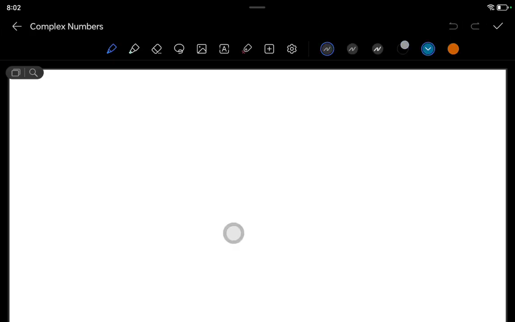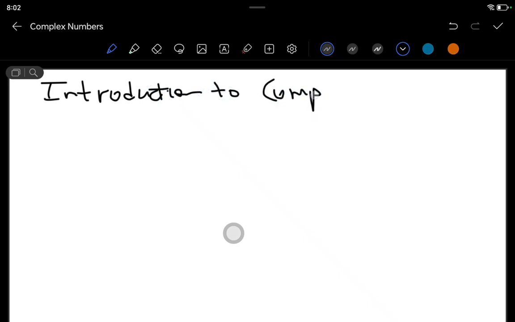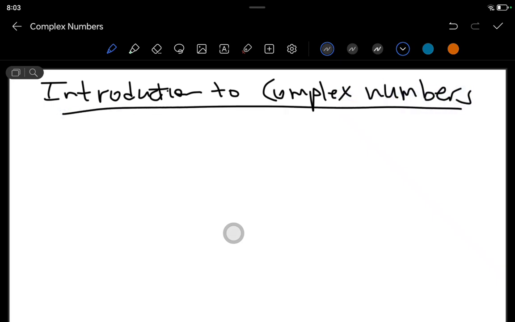So let me call it an introduction to complex numbers. What is it that we should be able to know?